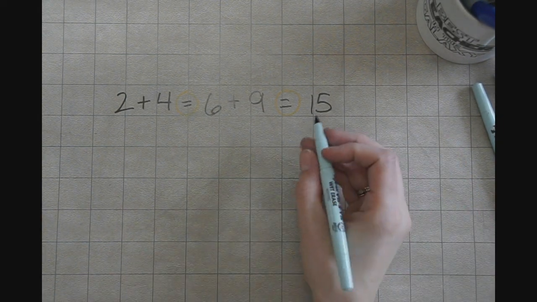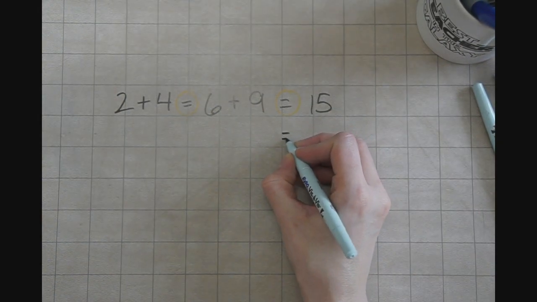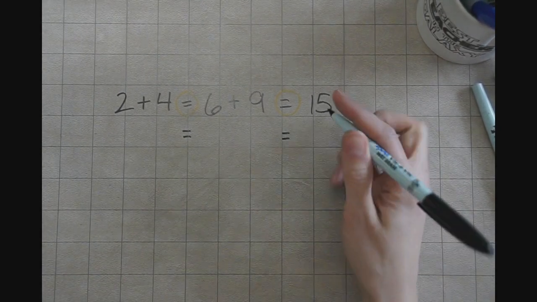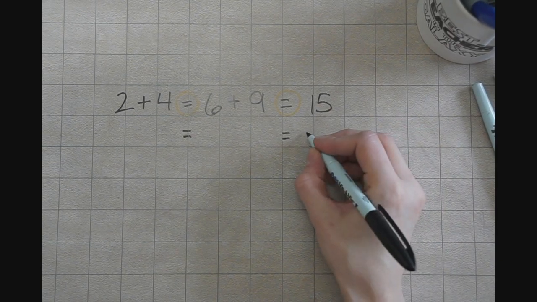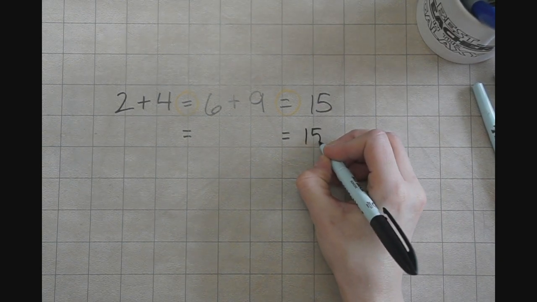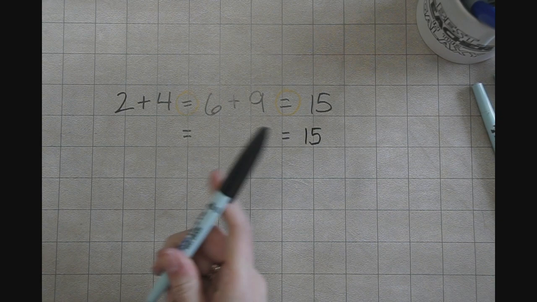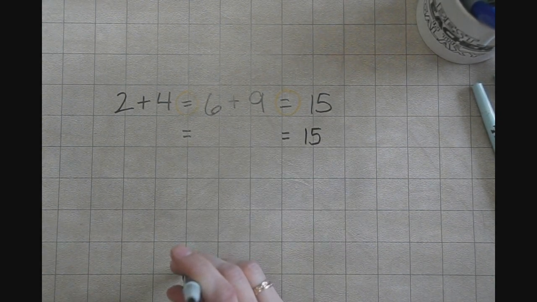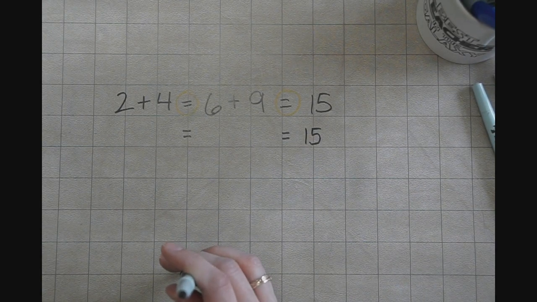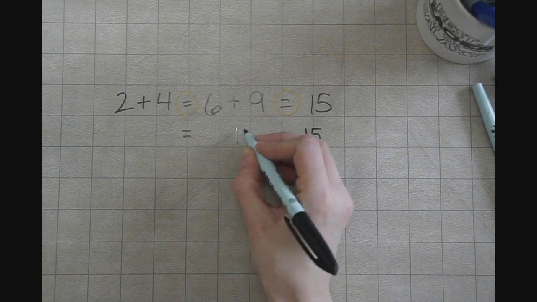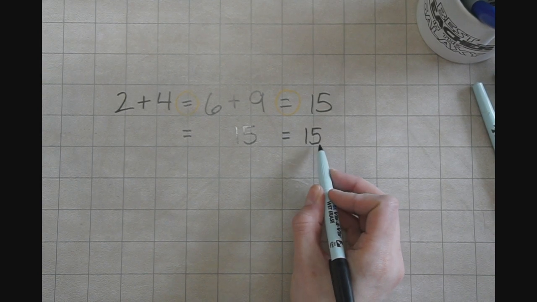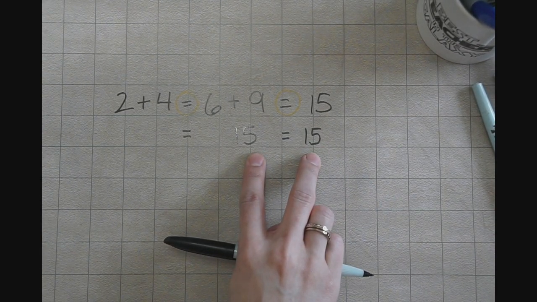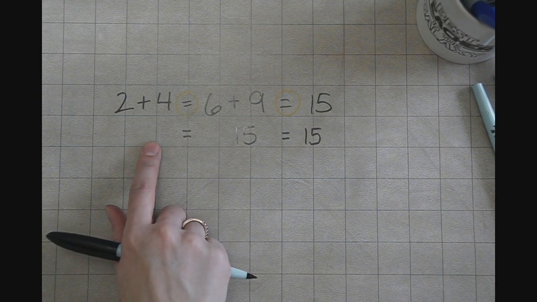So to solve this one, I'm going to drop the equal signs down again to help us stay organized. And here on the end, we don't have to do any calculations. Just bring that 15 down. All right, let's look at the middle. 6 plus 9. What does 6 plus 9 equal? Yeah, that's also 15. Okay, so far so good. These two are the same. But let's check this last one.